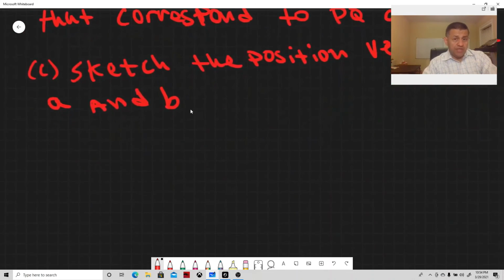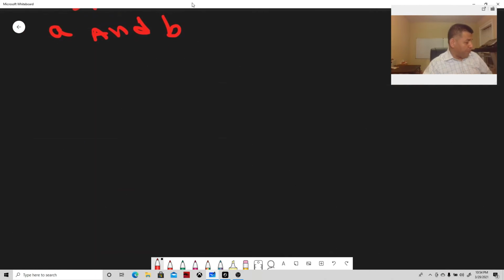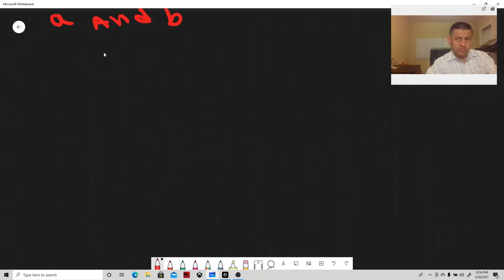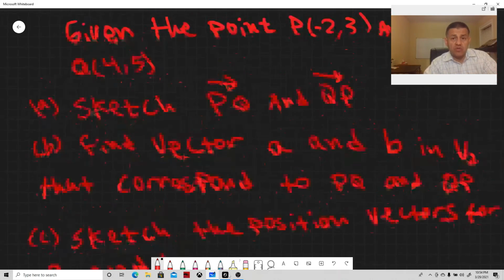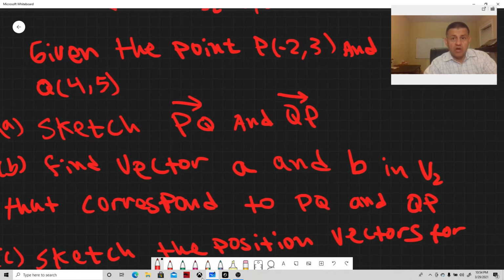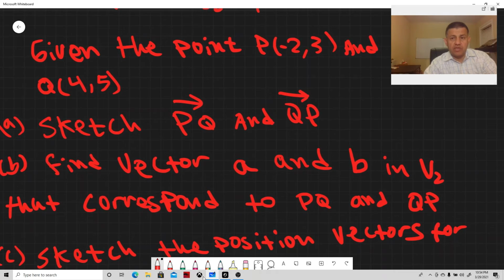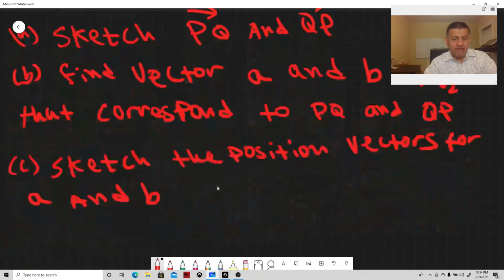The points are P and Q, and we know that P and Q are (-2, 3) and (4, 5).